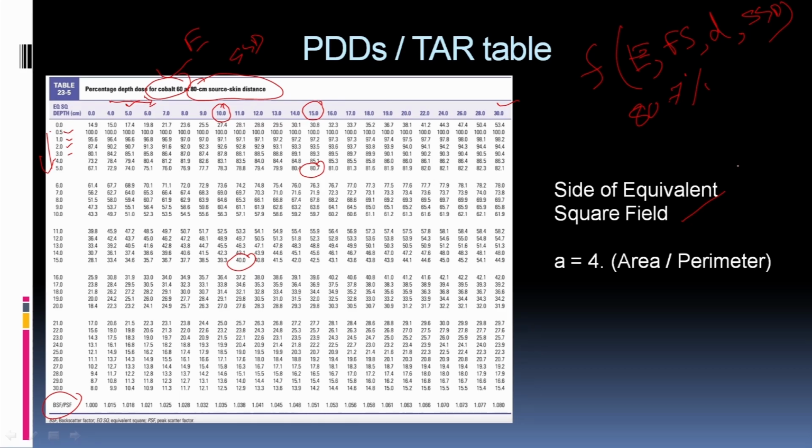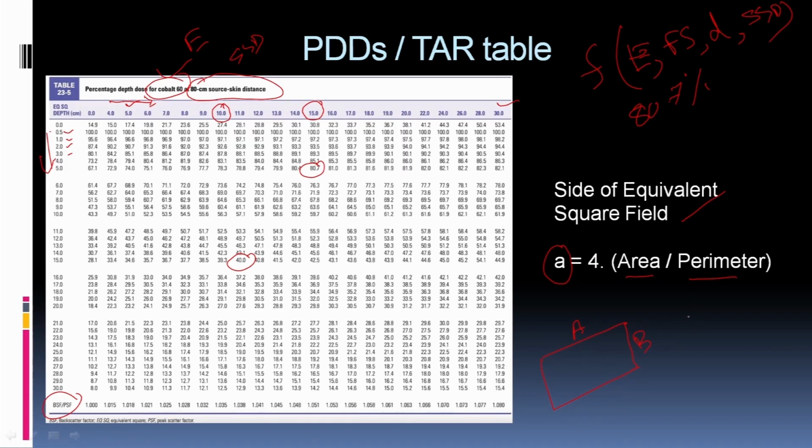Now if a rectangular field has length A and width B, we have the formula: the side of the equivalent square field is 4 multiplied by area divided by perimeter. So what is the area?